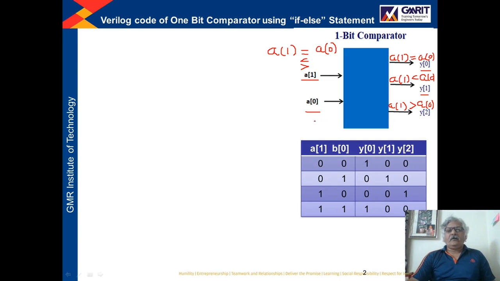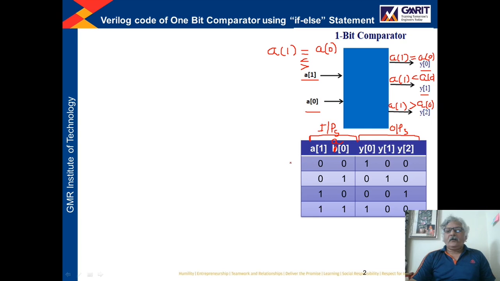So now the same thing is shown in this truth table. Here A1 and, this is not B, this is A0, right? So A1 and A0 are the inputs, and the values of these inputs are compared, and depending upon these values the outputs Y0, Y1 and Y2 will be set or reset.